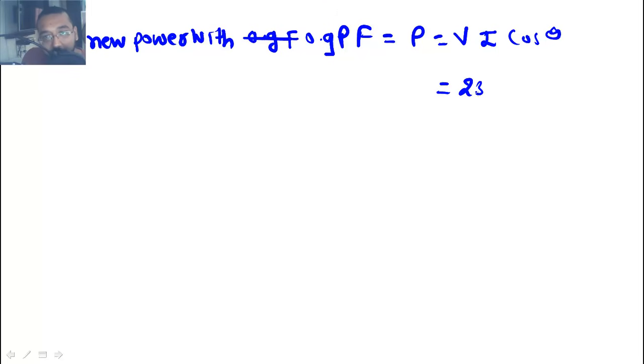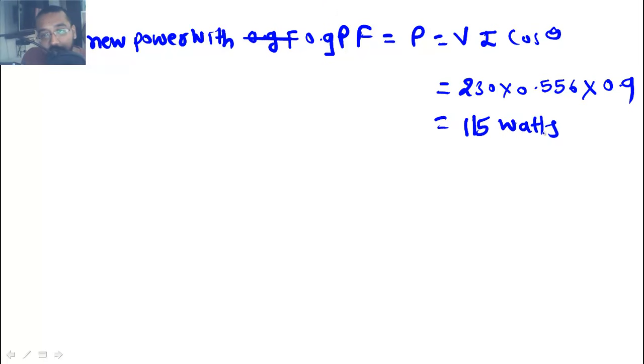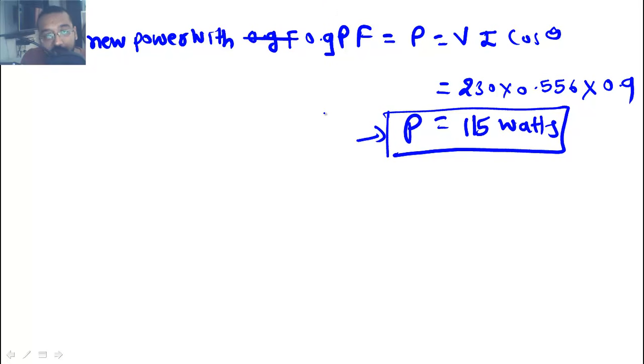So V is nothing but 230, I is 0.556, and cos theta is 0.9. So now let's calculate 230 into 0.556 into 0.9. This is also coming to 115 watts only. So P would stay the same. So what you are being billed for, or the money that you are being charged, would be the same here.